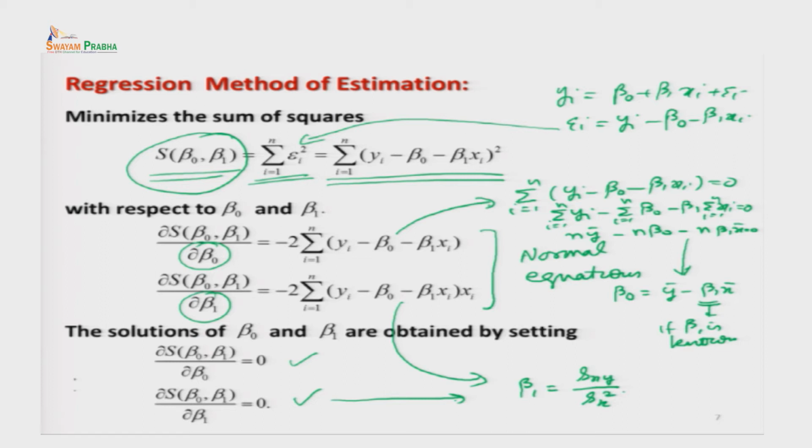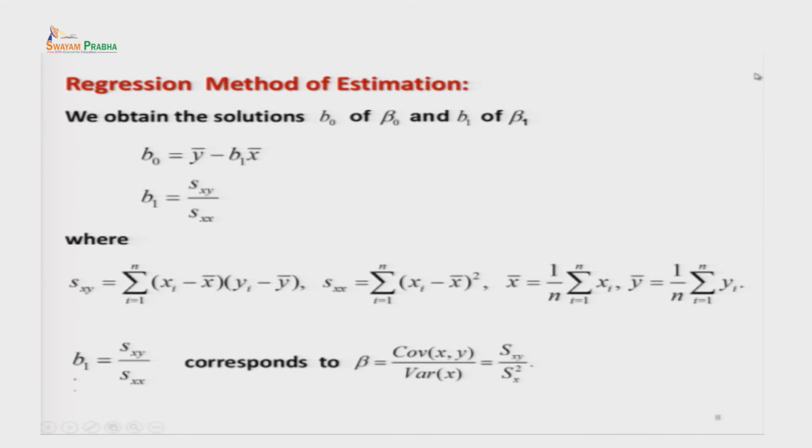So, now this becomes an estimator of beta 1. We denote it by, say, b1, and once you substitute this value of b1 in place of beta 1, I can write this new value of beta 0 as y bar minus b1 x bar, and this I am denoting as b0.